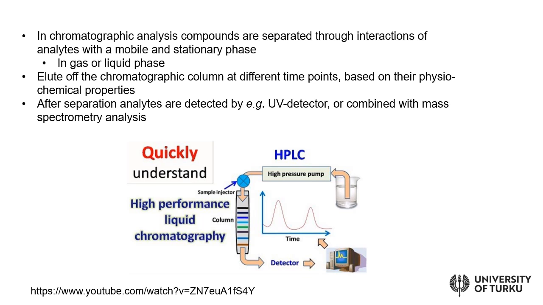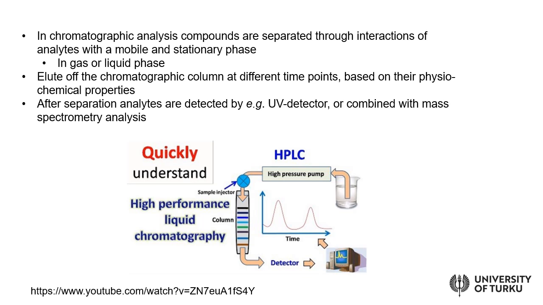So stationary phase is the matrix that is embedded in the chromatographic column, either gas chromatography or liquid chromatography, and the mobile phase is then the solvent that is pushed through the column with high pressure. And your sample is then in such a form, in such a solvent that is compatible to be analyzed within this taken mobile phase.